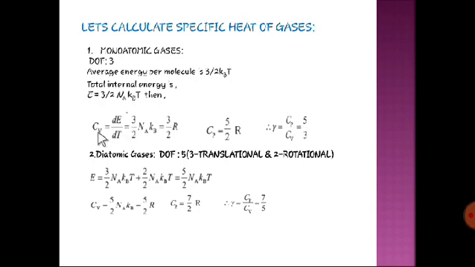Then what will be Cv? We have seen it is nothing but dE upon dT. So 3 by 2 NA kB, dT will get cancelled.